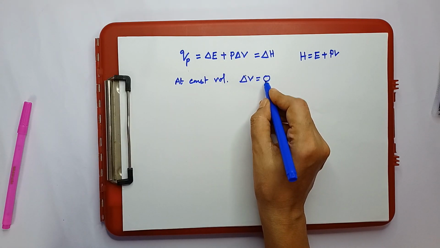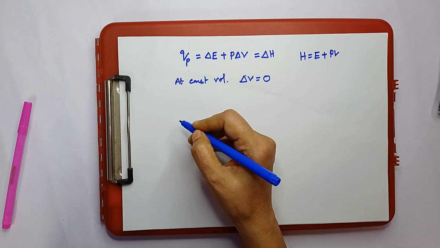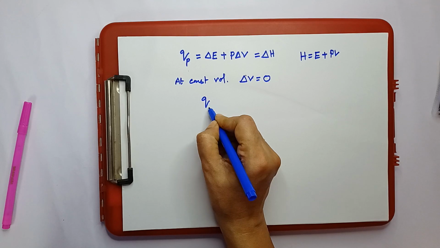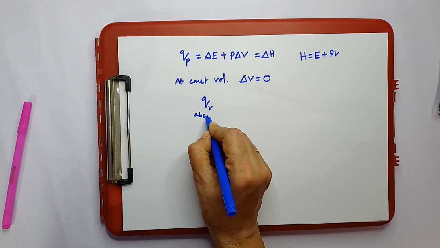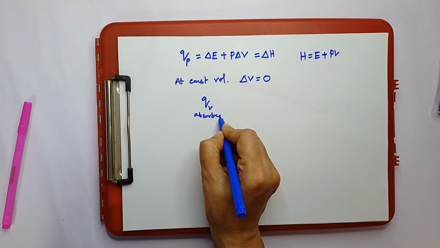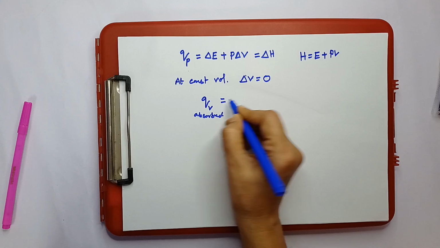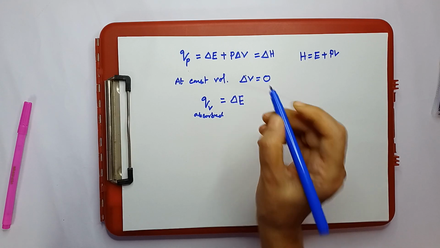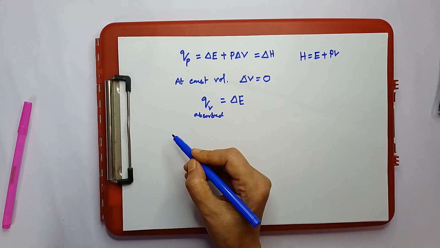Just imagine constant volume, heat is supplied, that means heat is absorbed by the gaseous system. Now Q_V, heat absorbed at constant volume, is equal to delta E, and since delta V is equal to 0, this part is 0.